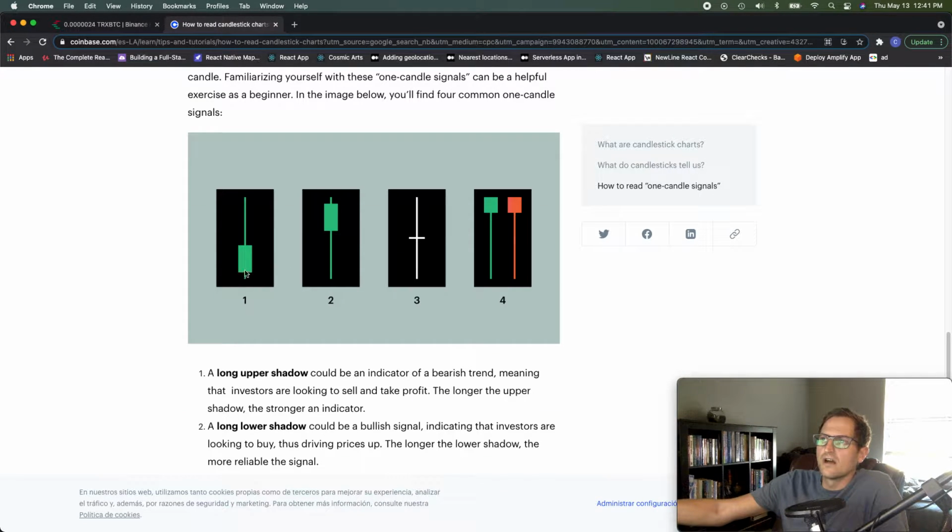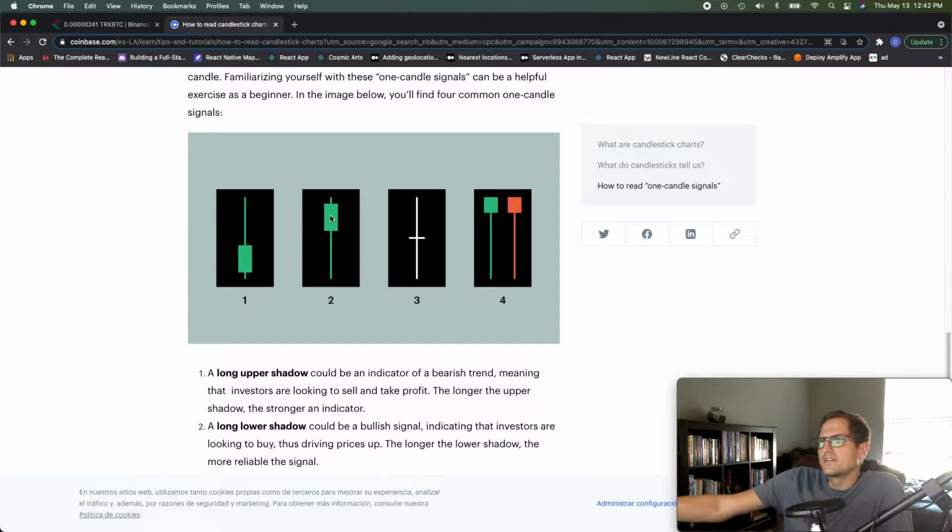This is a green candlestick, and it could be an indicator of a bearish trend. The asset, the security, could be going down if it ends with a long upper shadow. Alternatively, you have a long lower shadow, which could be an indicator that there is a bullish pattern going on. The currency's going up, the asset, the security.